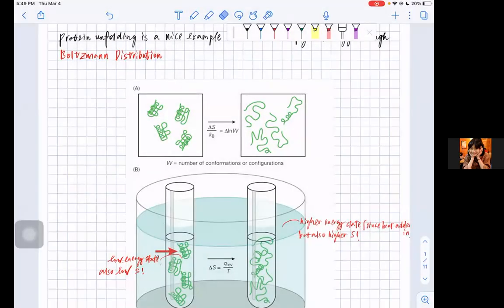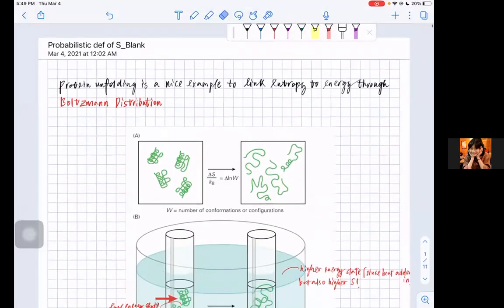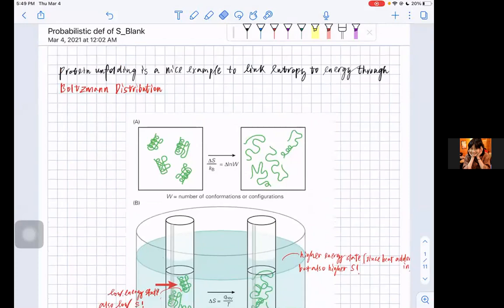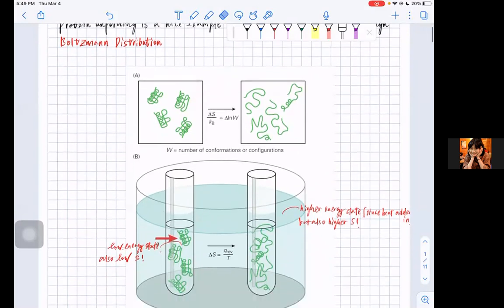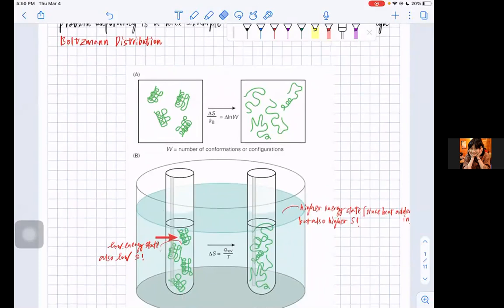All right. Okay, so I'll be talking about the probabilistic definition of entropy and the Stirling approximation today. So just very quick, why do we want to expand our definition of entropy to a probabilistic definition of entropy from a statistical one?